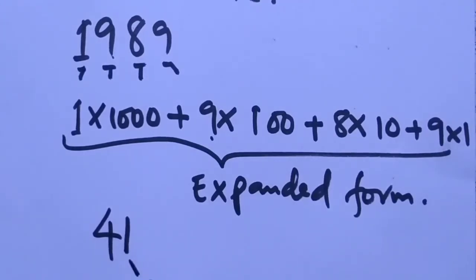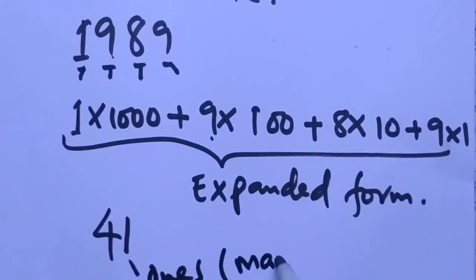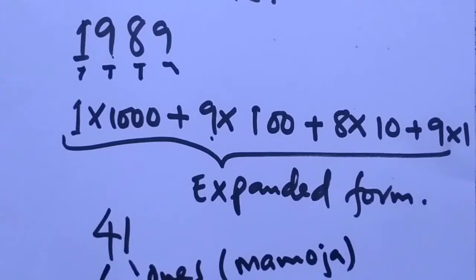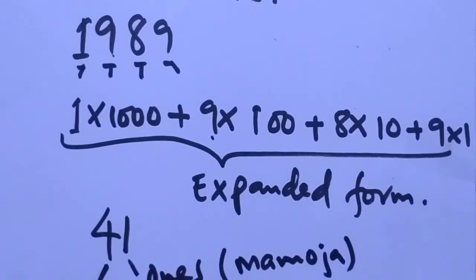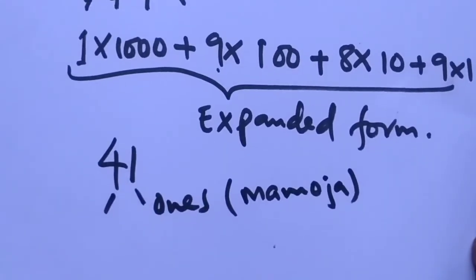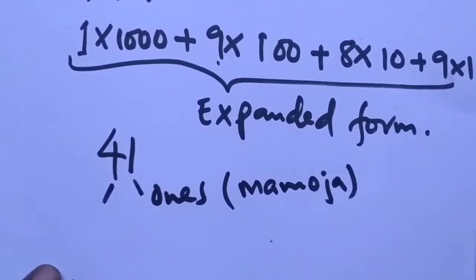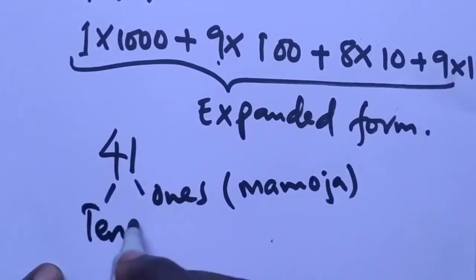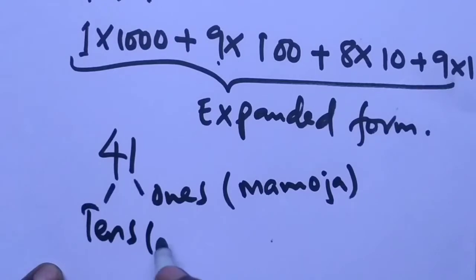So this is ones. In English we call ones, in Swahili we call mamoja. And in English this 4 is in the place of tens, but in Swahili we say makumi.